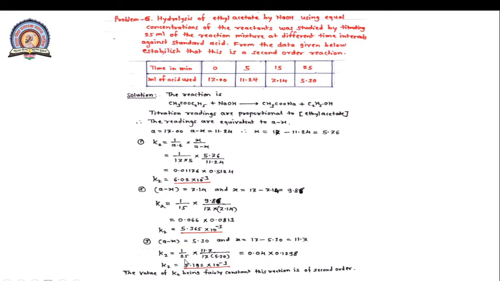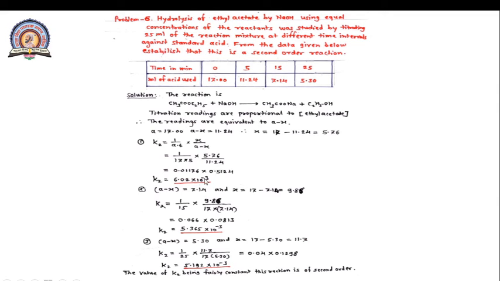Then 1 upon 25 into this value is equal to 0.04 into 0.1298. Take the multiplication of these terms, and the value obtained is K2 equal to 5.192 into 10 raised to minus 3.